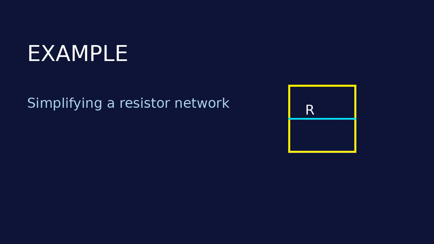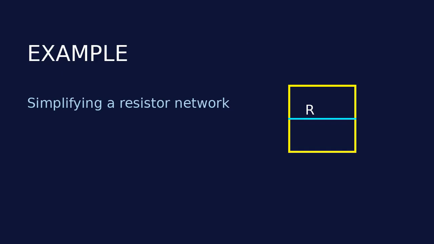First, identify terminals A and B where we want the equivalent. Second, calculate VTH, the open circuit voltage between A and B. For two sources, the most practical method is superposition. Activate one source at a time and compute the partial voltage, then add them up.